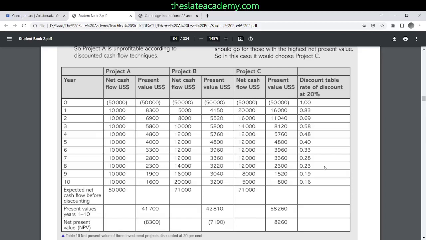And remember to use the discount rate in decimal form, not in percentage. For example, 15% will be 0.15, 10% will be 0.1, 20% will be 0.2. Don't add 1 plus 20. It will be 1 plus 0.2.